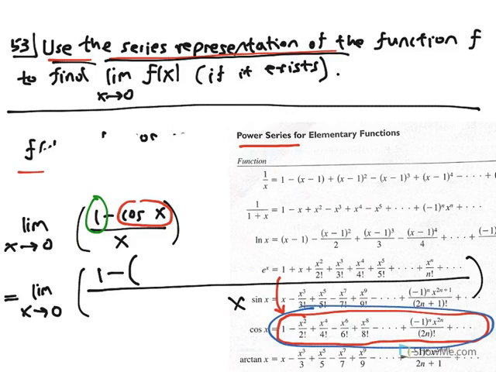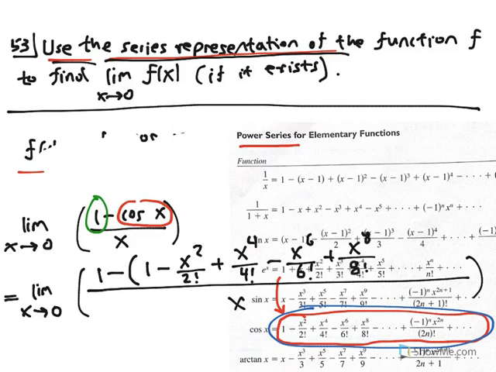So we write 1 minus x squared over 2 factorial plus x to the 4th over 4 factorial minus x to the 6th over 6 factorial plus x to the 8th over 8 factorial, and so on. It just keeps going. You can write the description of the nth term if you'd like to. It turns out that it's not really needed for this problem, and you'll see that in a moment.